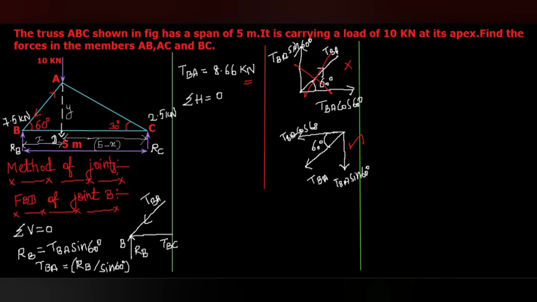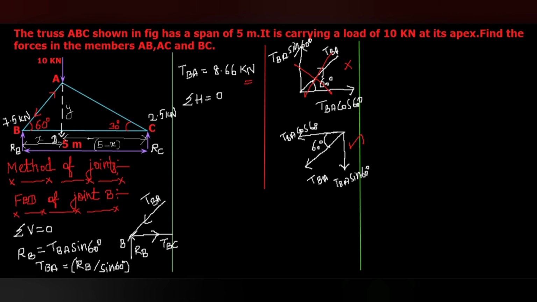So this TBA cos 60 degree, which is acting towards left side, should be compensated by the other horizontal force TBC. If the horizontal component of TBA is acting towards left side, this TBC should act towards right side.